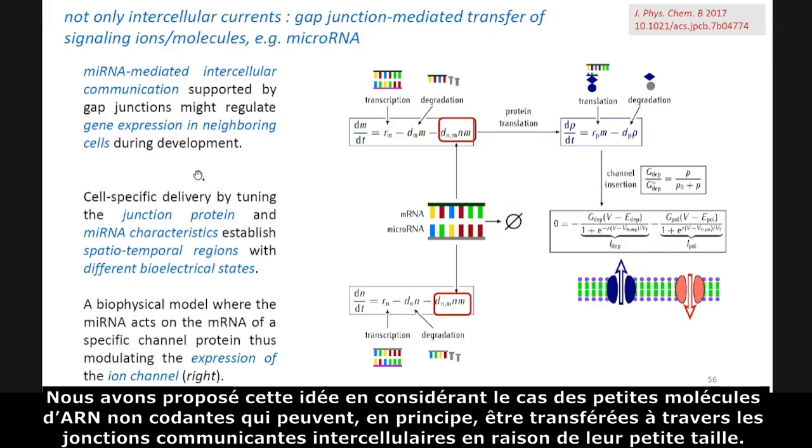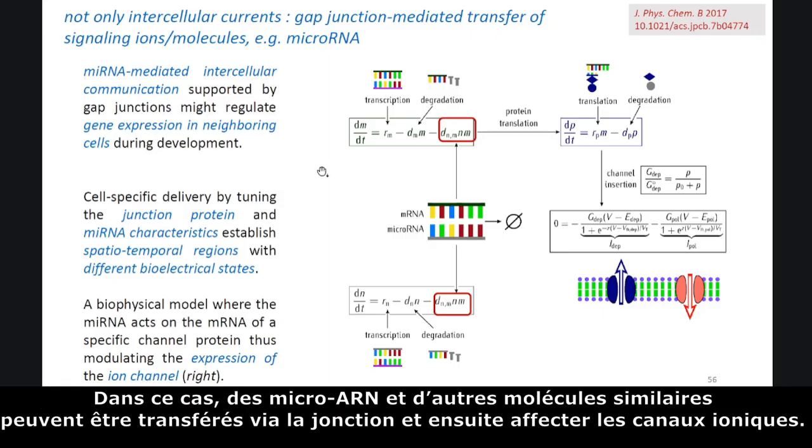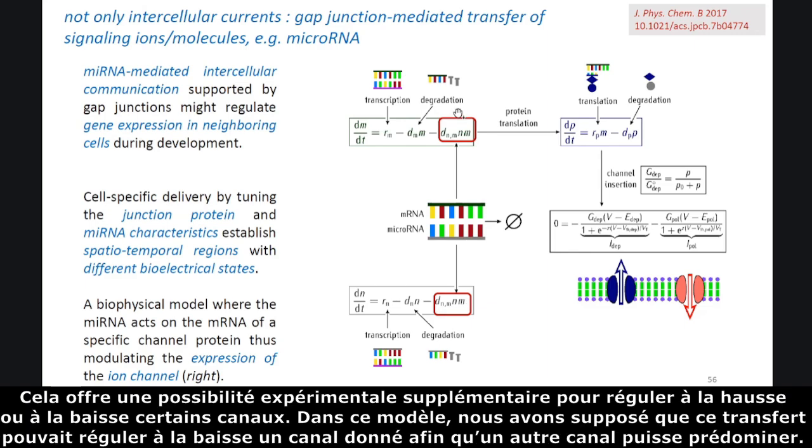We have put forward this idea considering the case of short non-coding RNA molecules that can in principle be transferred through intercellular gap junctions because of their small size. Some short RNAs, in this case microRNA molecules, can be transferred through the intercellular junction and then can affect the ion channels. This should give an additional experimental possibility to upregulate or downregulate certain channels.